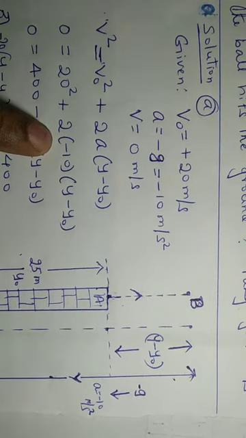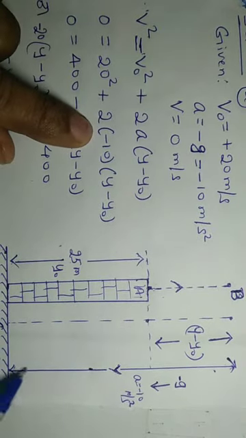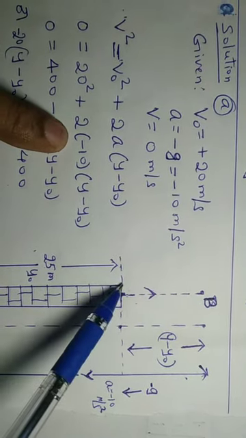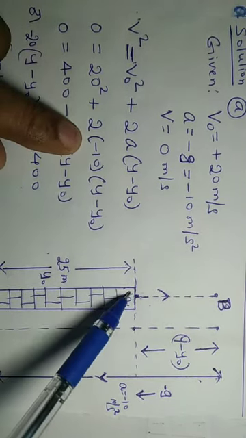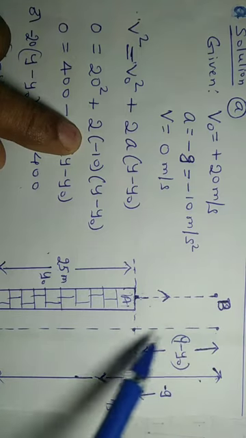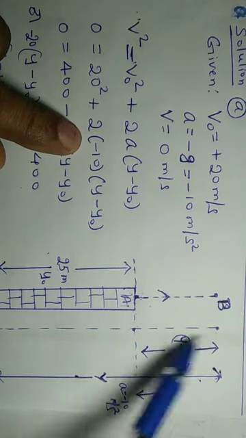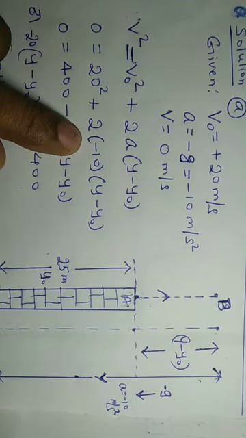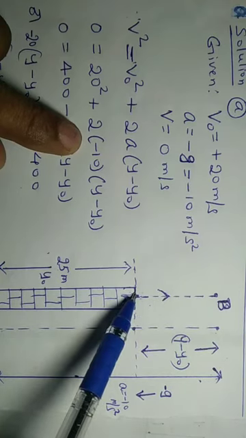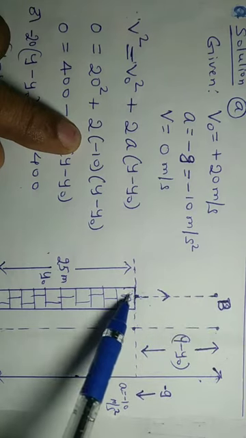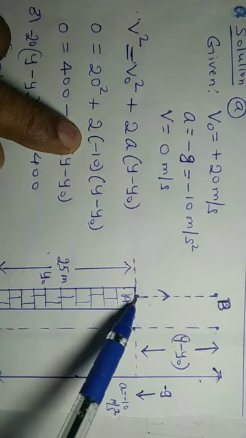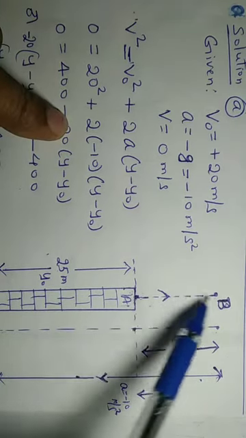If from the ground the total distance is y, and the distance from the ground to the top of the multi-story building, where the boy is standing, is y0, then the difference from A to B is y minus y0. In question A, we have to find this distance.